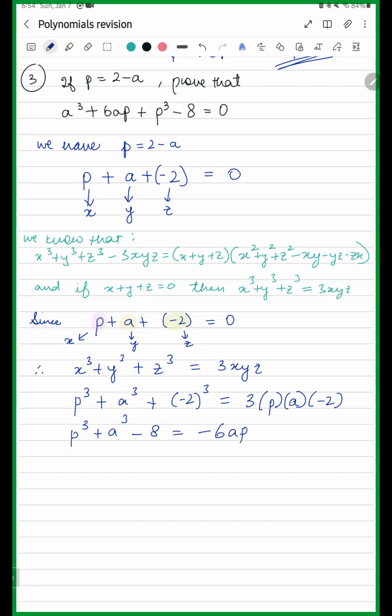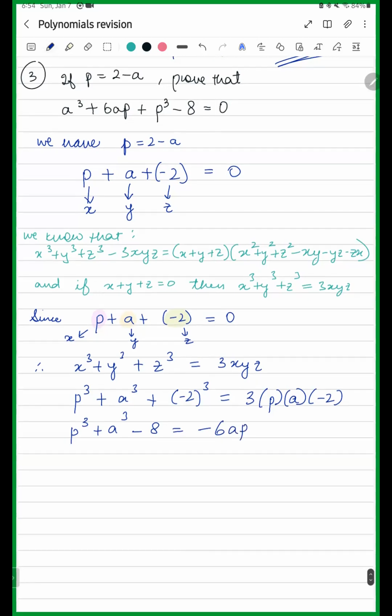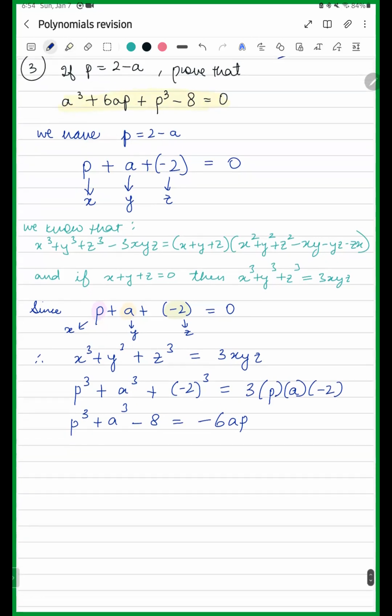And now see, in the given question, everything is on the LHS, only 0 is on the RHS. So we will bring the minus 6 ap to the other side.